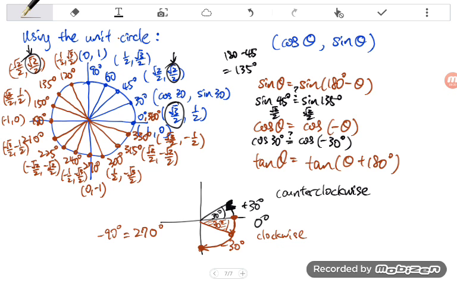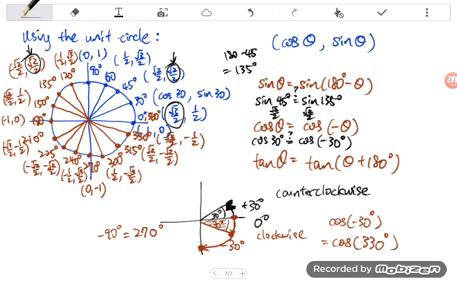Cool. Now that we know how to get the negative angles, let's see what's cosine of negative 30. So cosine of negative 30 is here. And you see, isn't that the same thing? Cosine of negative 30 is the same as saying cosine of 330.